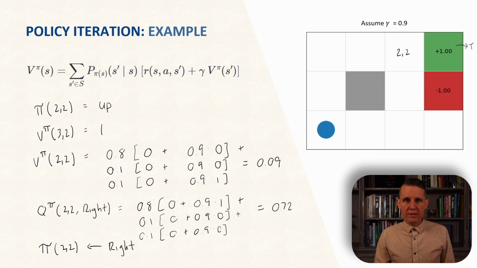So that would be one step through the policy iteration algorithm, where we iterate over doing policy evaluation for each state, then doing policy improvement for each state. In this case, we get a strictly better policy, and we would see that we would get better policies in other states as we go through a few iterations.